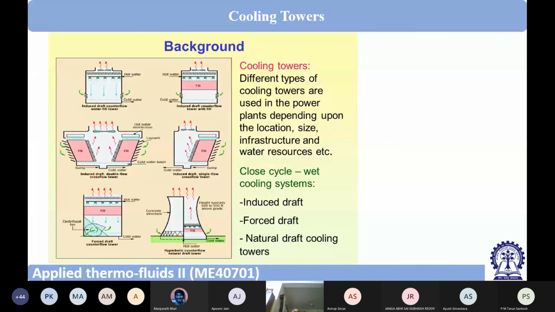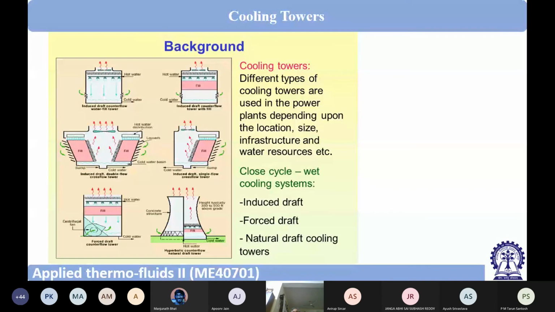So then what you do, you put some sort of chemical which will prevent the formation of algae or that vegetative kind of thing. But generally those chemicals are not good for the tubes of the condenser. They will create fouling to the tubes of the condenser.